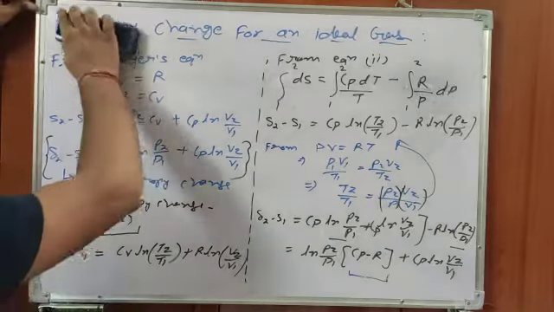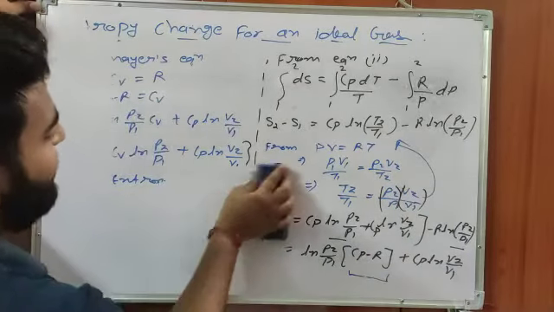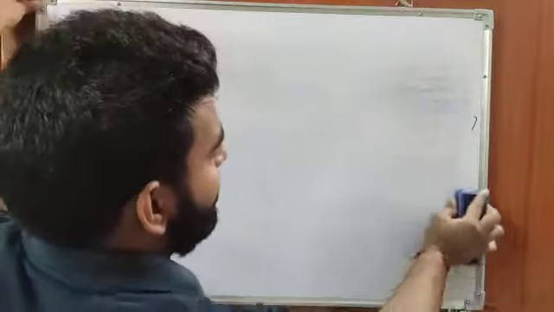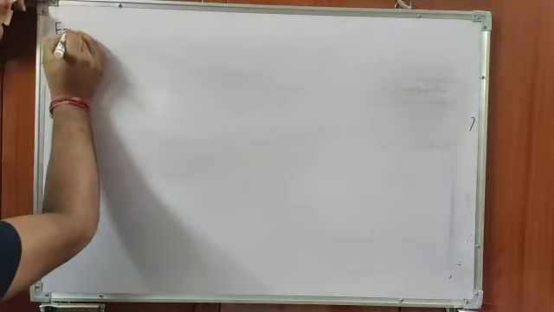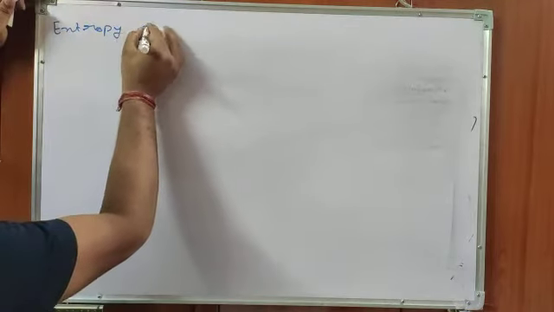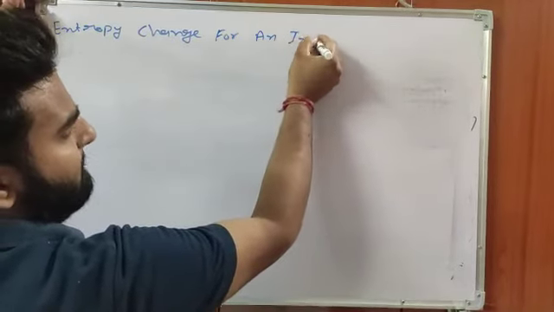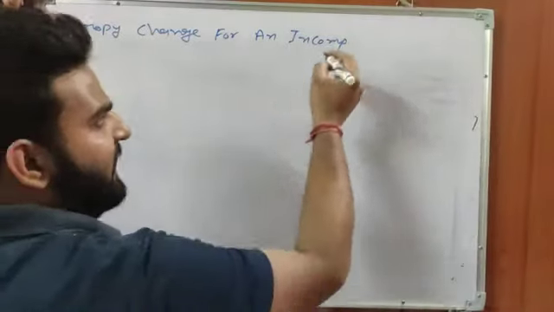These equations are for ideal gas, but what if you want to calculate the entropy change for an incompressible substance? A gas is compressible, but an incompressible substance cannot be compressed.